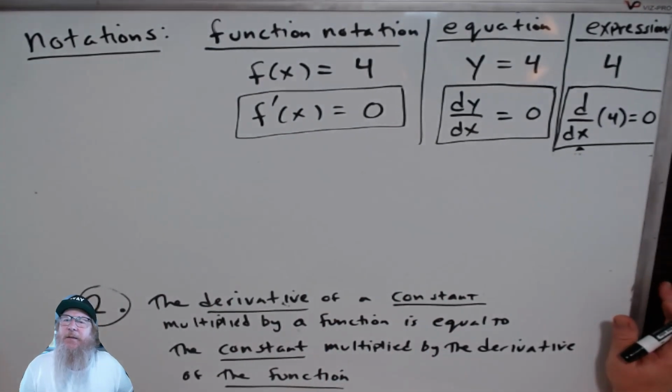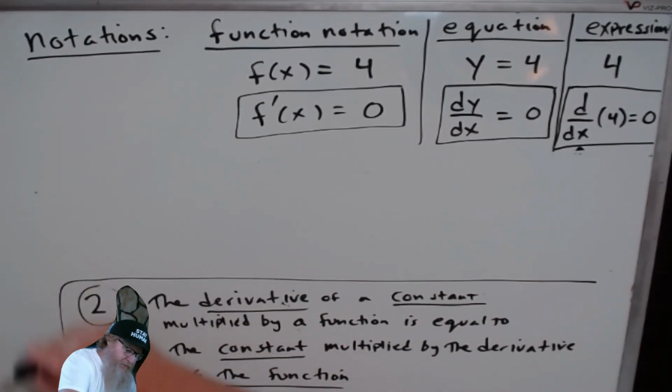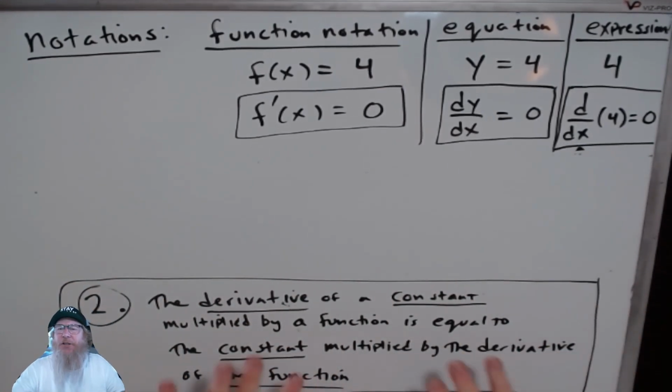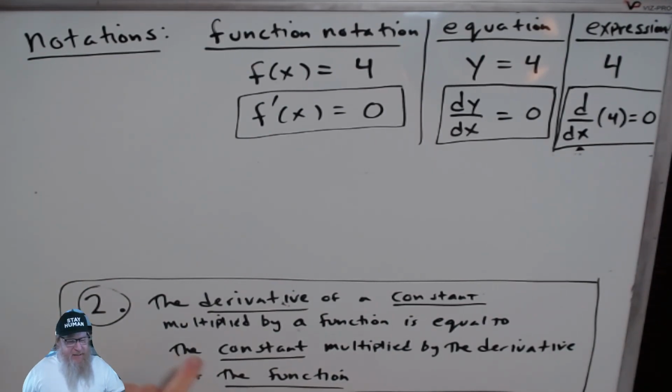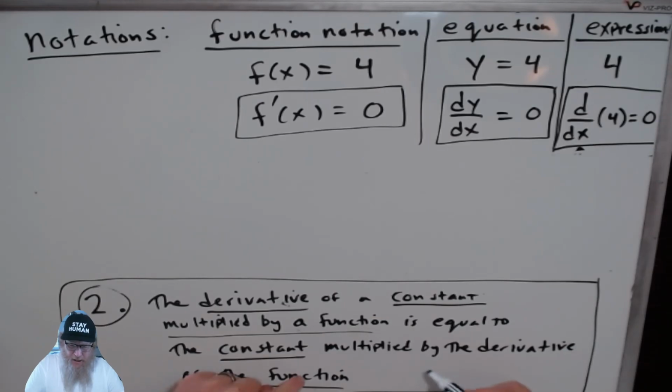the constant rule. And then rule number 2 is just an application of the constant rule. And it says the derivative of a constant multiplied by a function is equal to the constant multiplied by the derivative of the function.